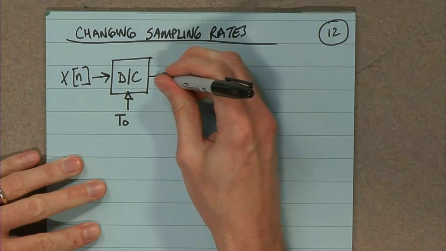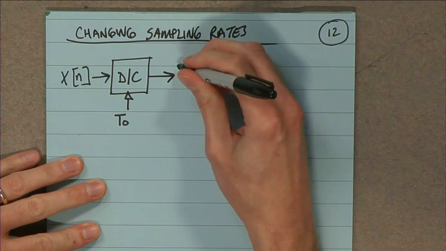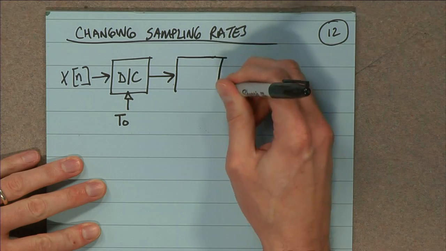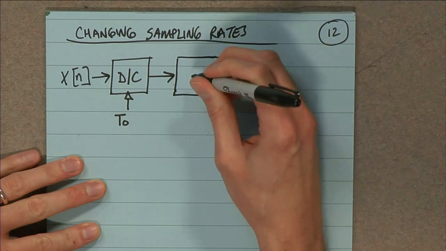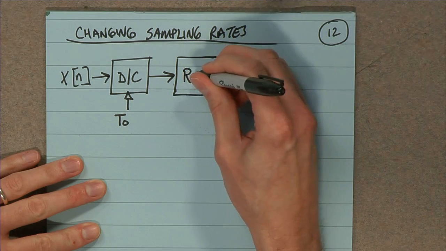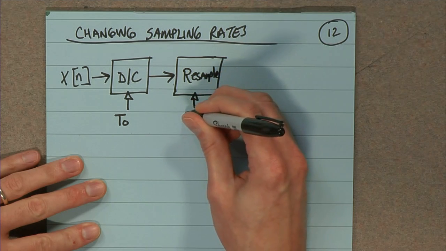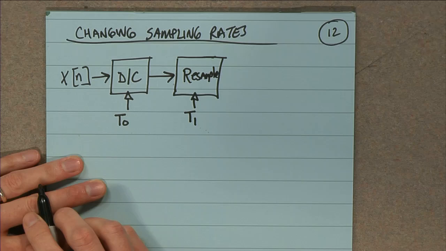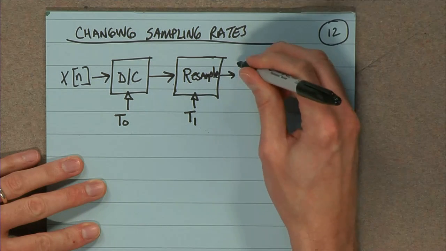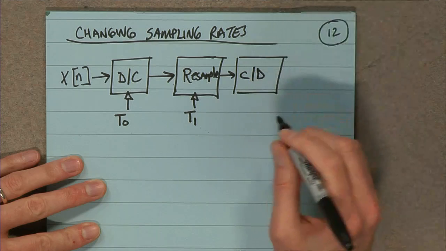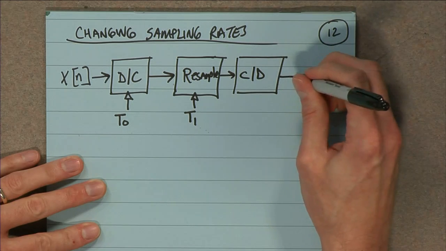And once you get that signal out, you could go ahead and, I guess, resample it. I think we call that T1. And we're kind of breaking it out into 2 steps, but that's not typically necessary.